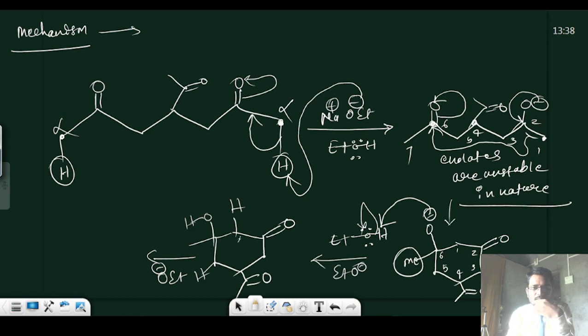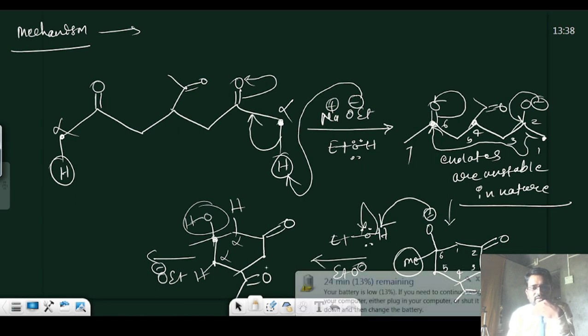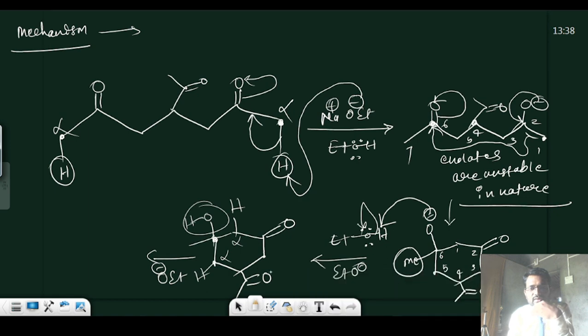As compared to this alpha carbon and this alpha carbon, this is also alpha carbon. If I consider this hydroxyl group as the functional group, then this carbon is alpha carbon. If I consider this as the functional group, then this carbon is beta carbon. So the base will abstract from that side which has the more acidic proton.